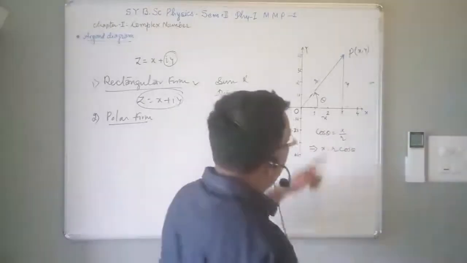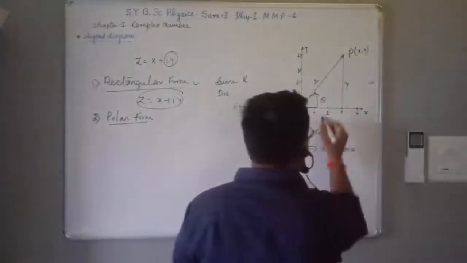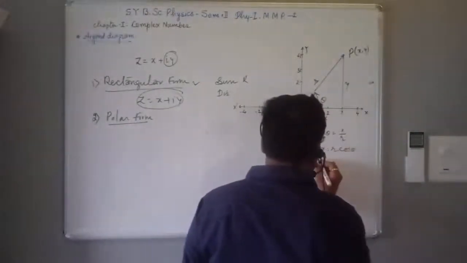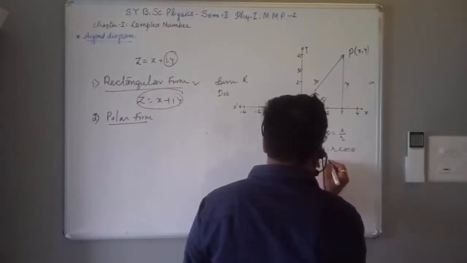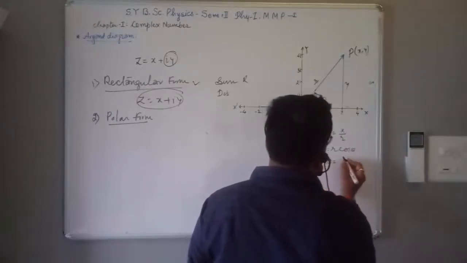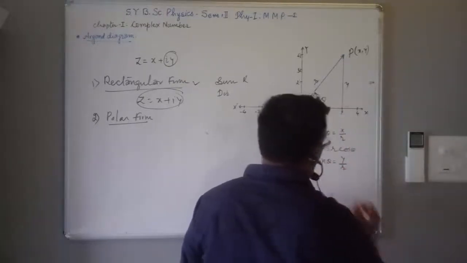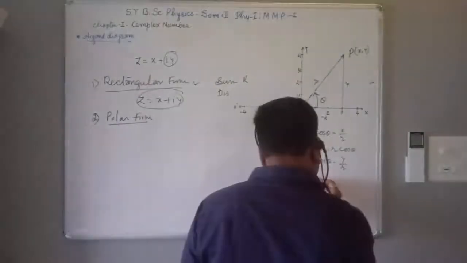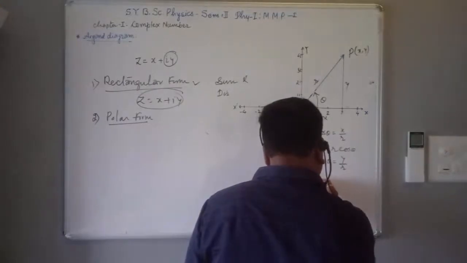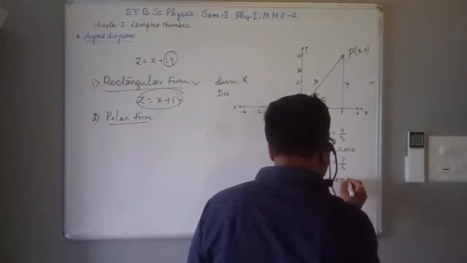In the similar way, sin theta is equal to front side y upon hypotenuse, or from this equation we can write y is equal to r sin theta.